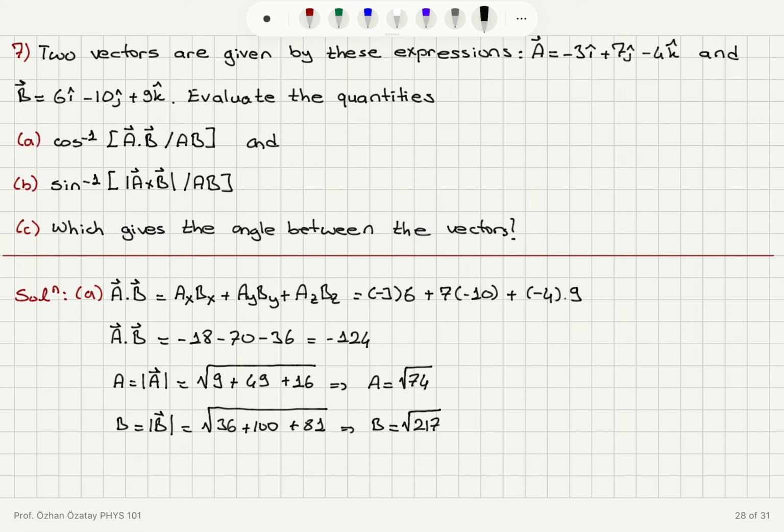Now we can calculate cosine inverse of the dot product of the two vectors divided by the product of the magnitudes. That would be cosine inverse of minus 124 divided by square root 74 times square root 217. And this becomes 168.11 degrees.